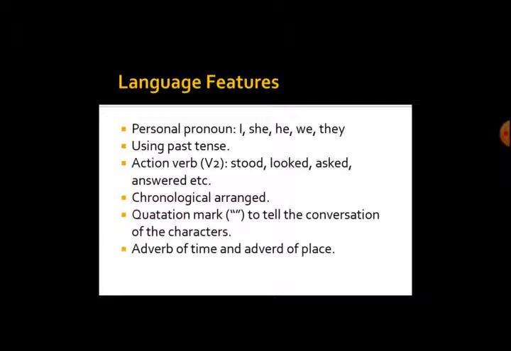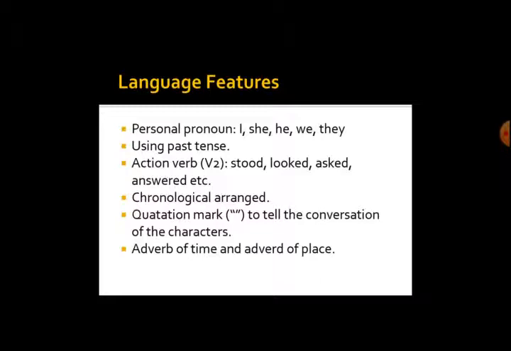The fifth language features is quotation mark atau tanda petik. Quotation mark is used to explain the conversation that contains in the text.